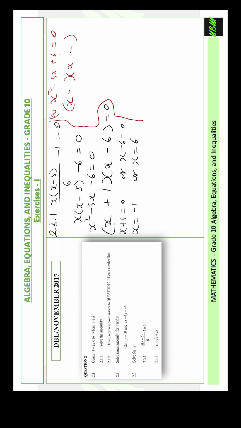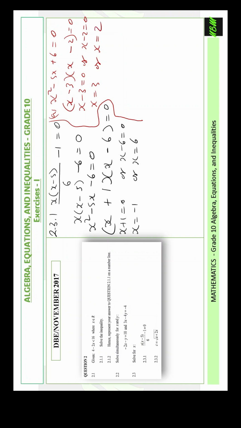And then what are the factors of 6, such that when we subtract, we are going to get minus 5? 3 and 2. Then equals to 0. Then equate each factor to 0. x minus 3 equals 0, or x minus 2 equals 0. Then x will be equal to 3, or x will be equal to 2.